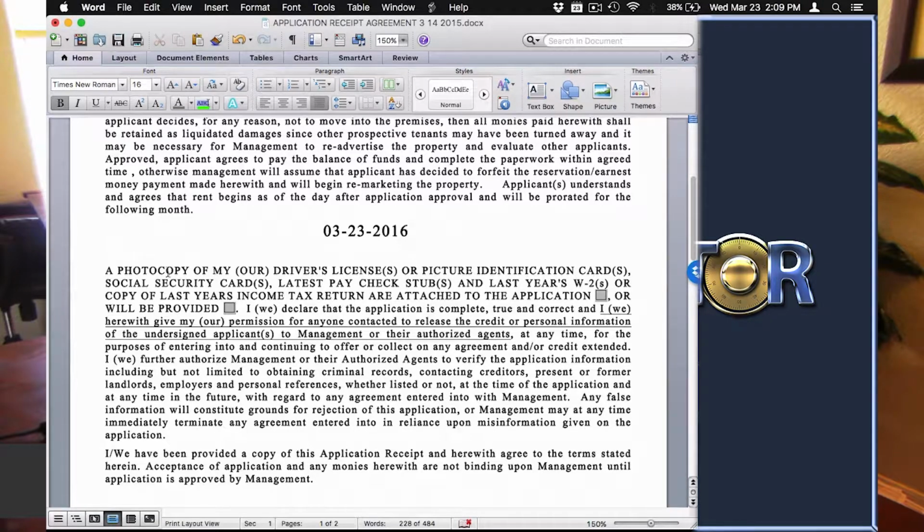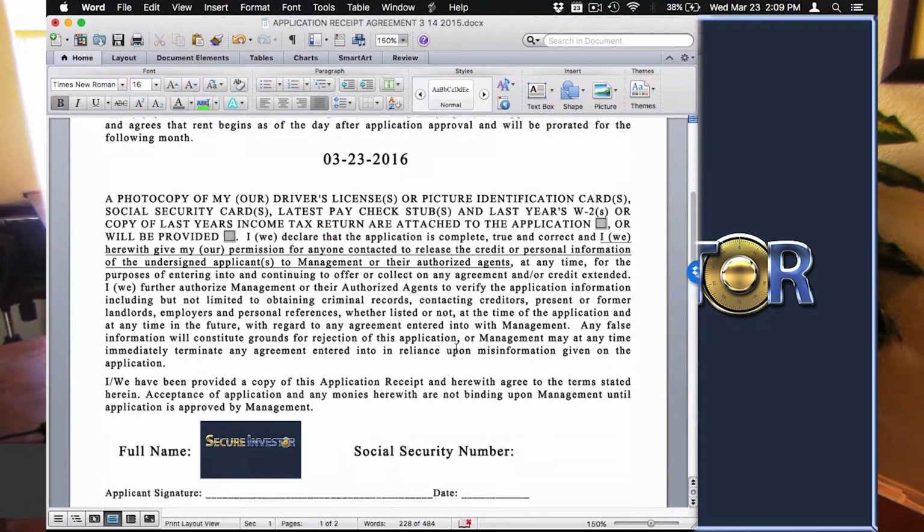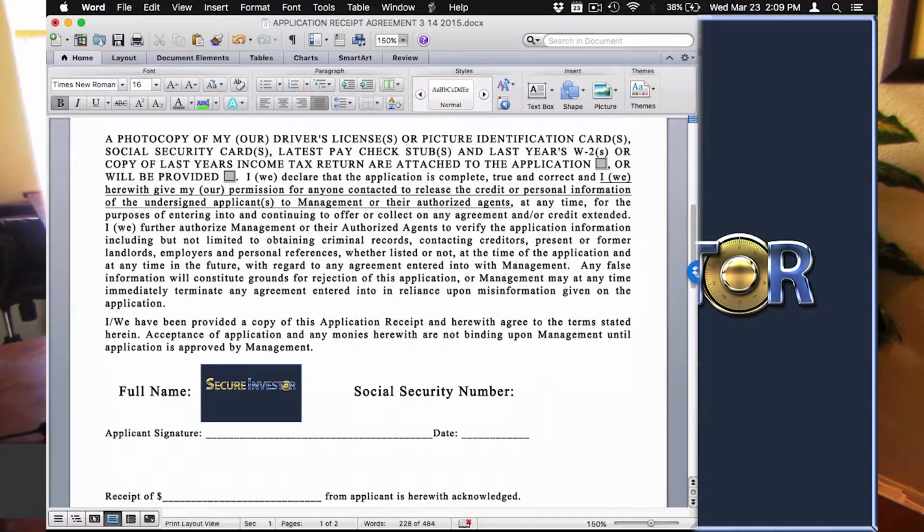In this section of the application receipt agreement, it talks about getting a copy of their driver's license, identification cards, social security cards, any paycheck stubs or anything of that sort. So we want to explain that to them before we meet with them, to bring the stuff that we need. I don't get social security numbers anymore, so I'll usually take this out. We'll get that on the application.